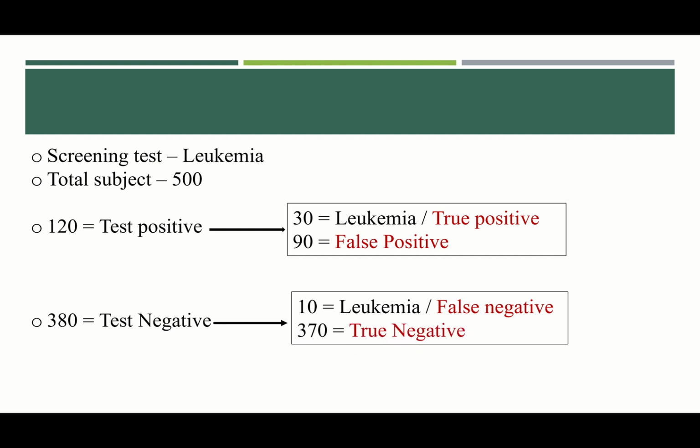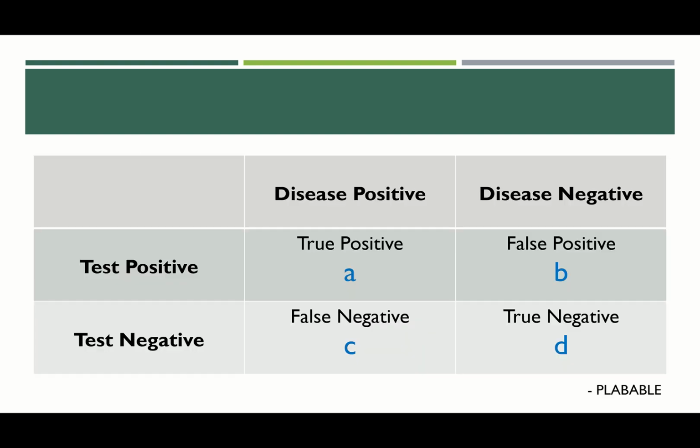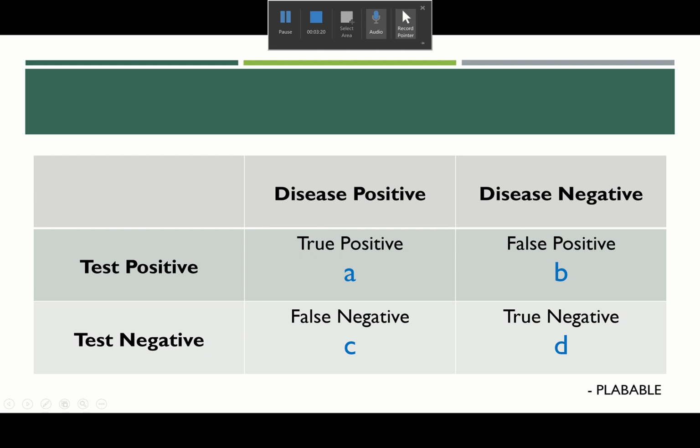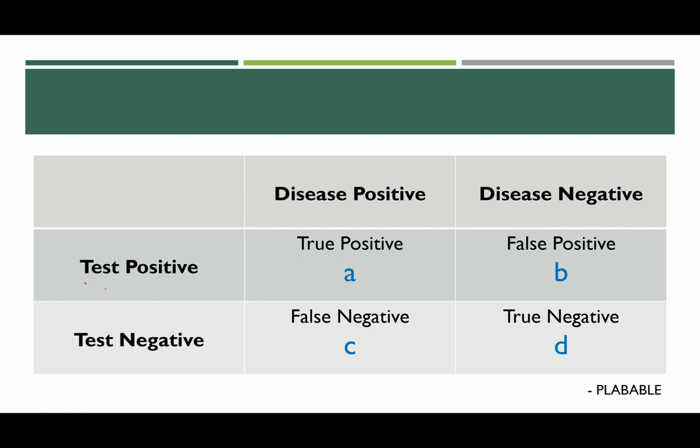Okay, so if we try to put all these things into a chart, it will look something like this. Here you have a test positive group, a test negative group, a disease positive group, and a disease negative group.